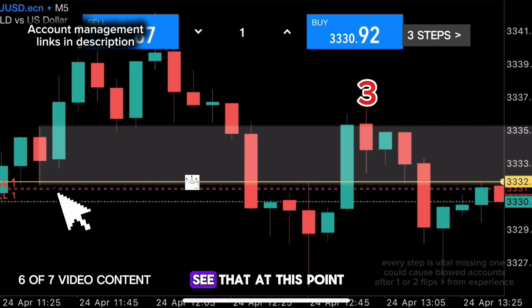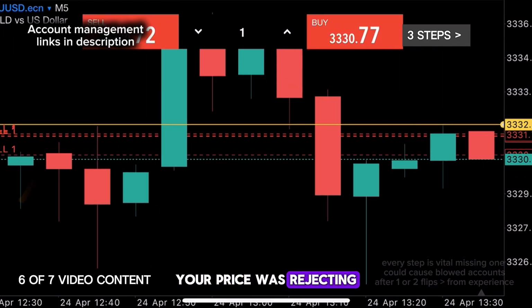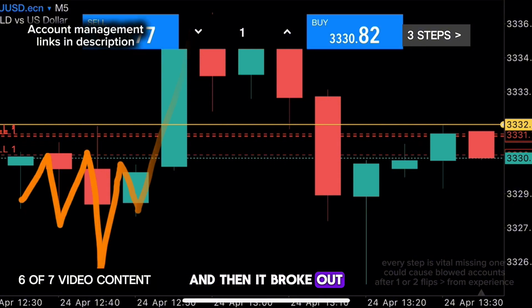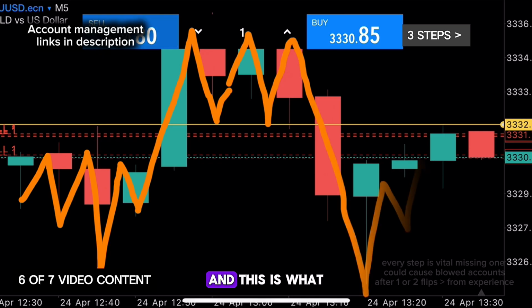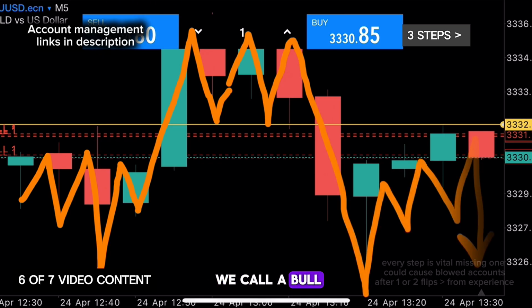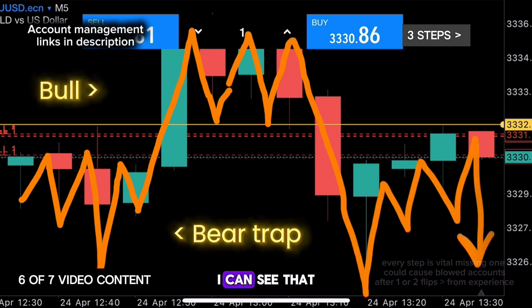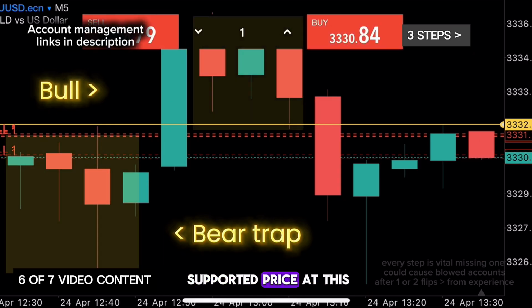And then you can see that at this point the price was rejecting at this point there, and then it broke out and then rejected for some time around this point there, and this is what we call a bull bear trap. And you can see that that was literally what supported price at this point here.